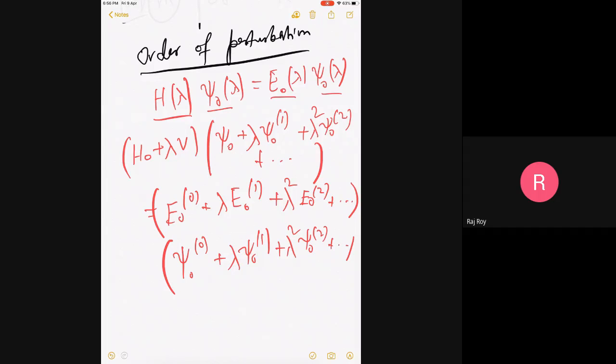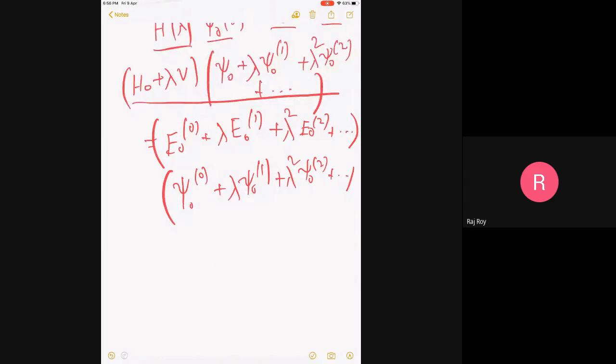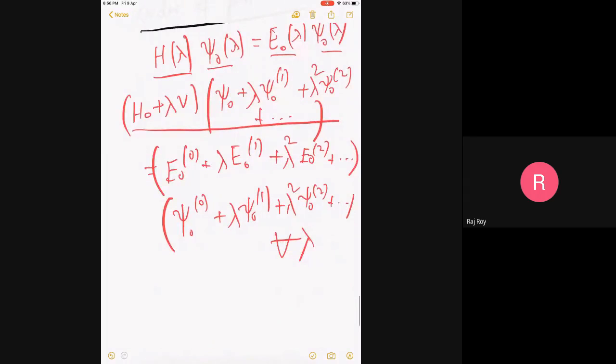Now, if you look at the left hand side and the right hand side, they are basically power series of lambda. If they have to be equal for all values of lambda, since lambda is a general parameter, then what do we know? We know that the coefficient of lambda on the left hand side should be equal to the corresponding coefficient of lambda on the right hand side.